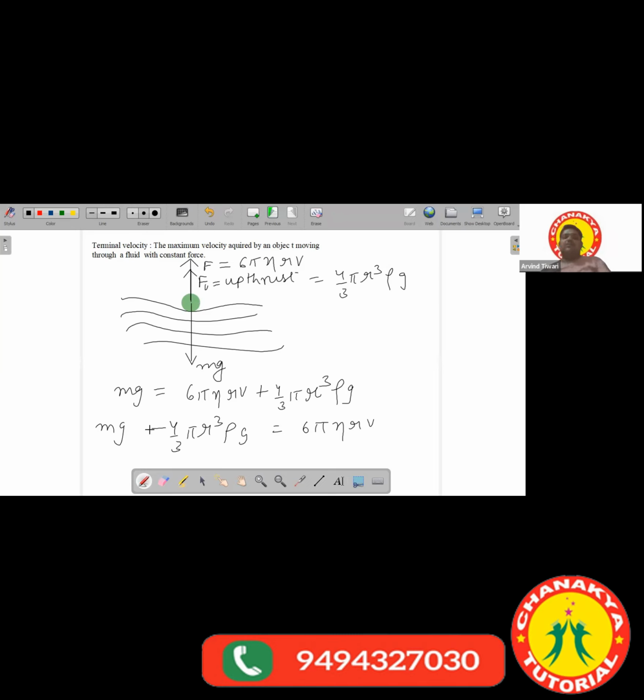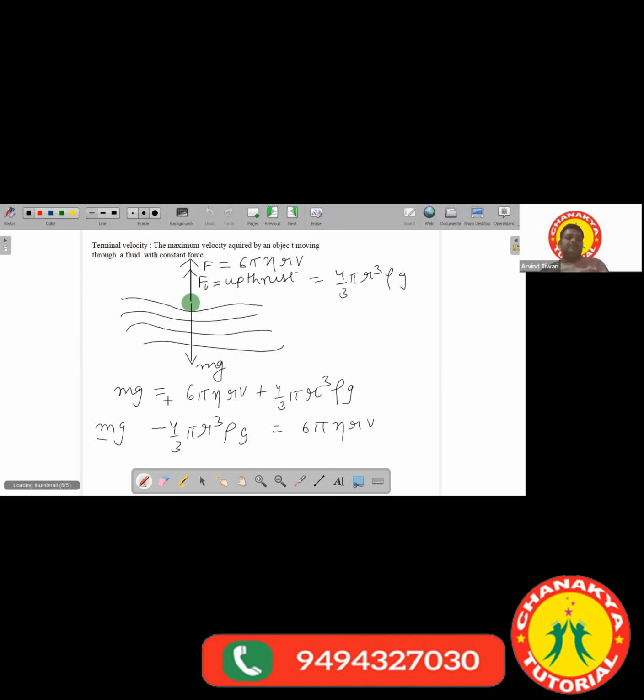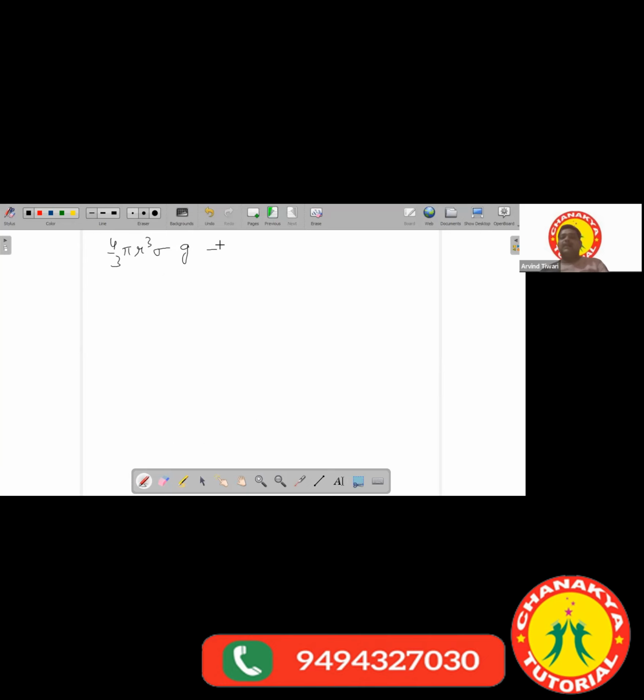So I can write this m as volume multiplied by density, and volume will be 4 by 3 pi r cube. So you can obtain the expression here. We'll get 4 by 3 pi r cube multiplied by sigma, which is the density of the solid, multiplied by g, and here you have minus 4 by 3 pi r cube rho g equals 6 pi eta rv.